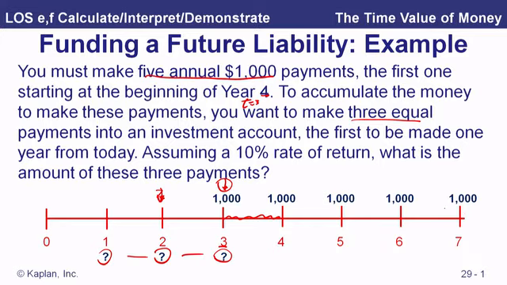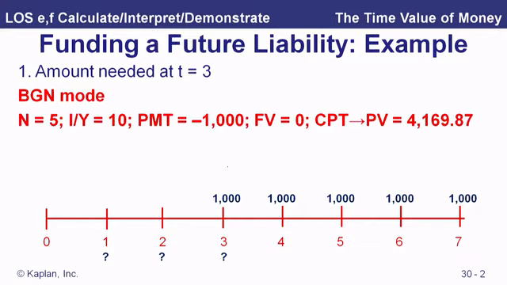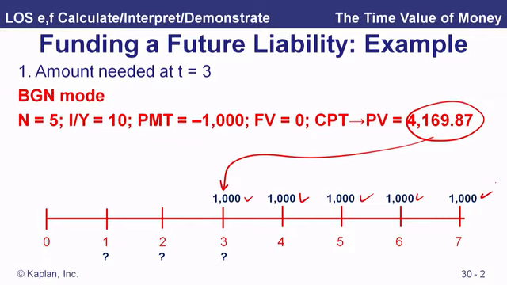And since we want the value right here, I think we're going to have to put that in begin mode to get that. So the amount needed at time 3, that is the present value in begin mode of those 5 payments, is $4169.87.